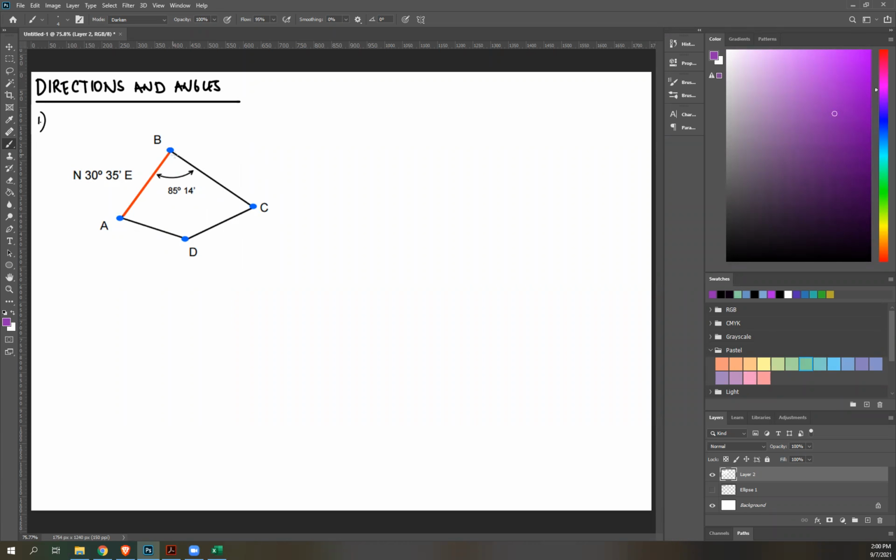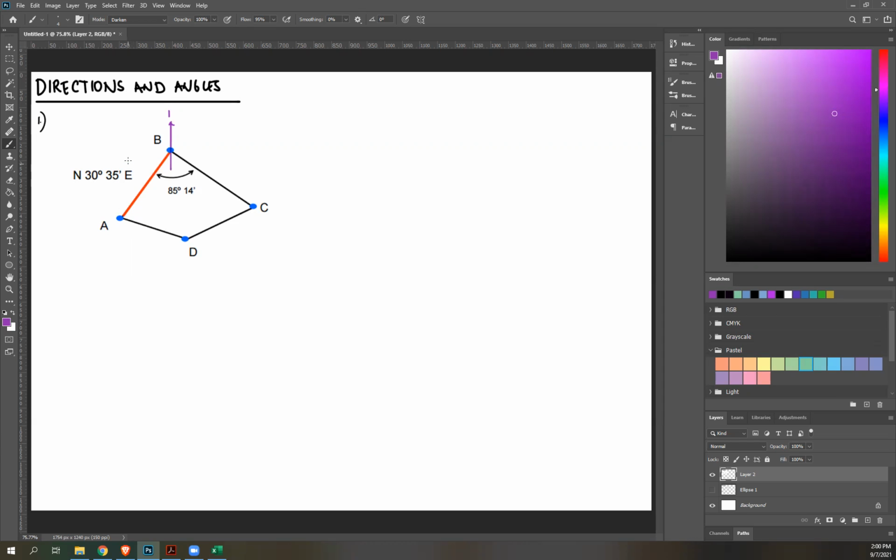Since I'm given the bearing of line AB and the angle between AB and BC, I'm going to put my reference line here. This is an example of your assumed meridian. I'm going to assume this is my north, and this is the angle that I need.